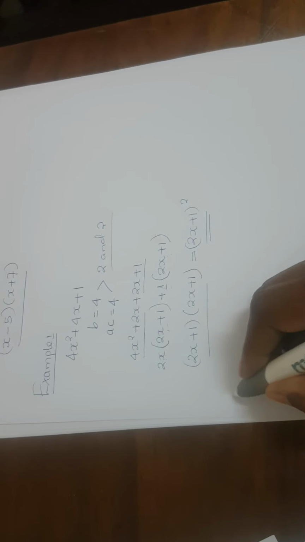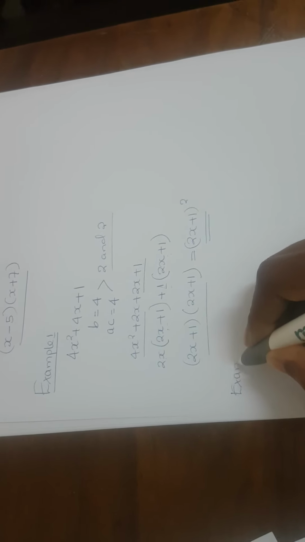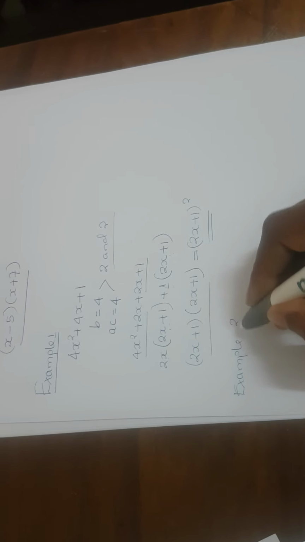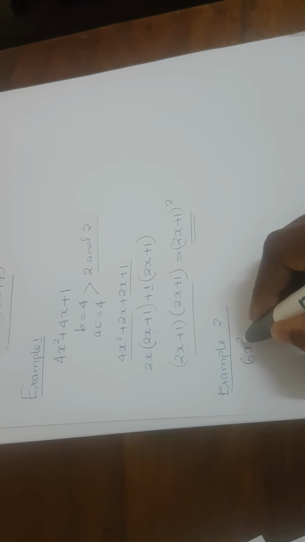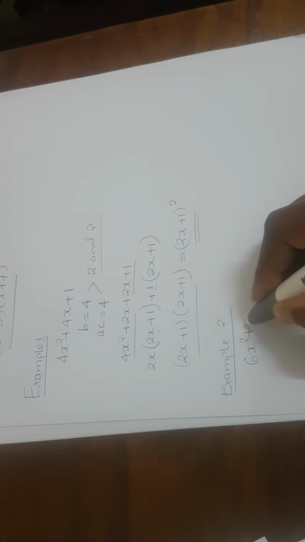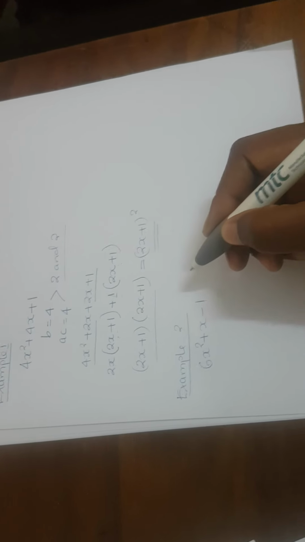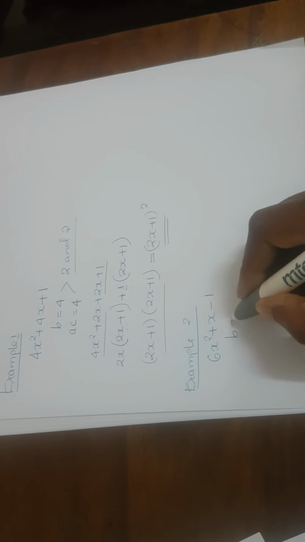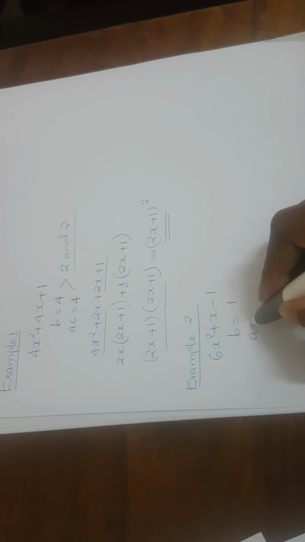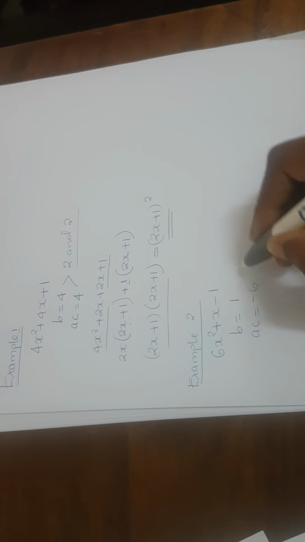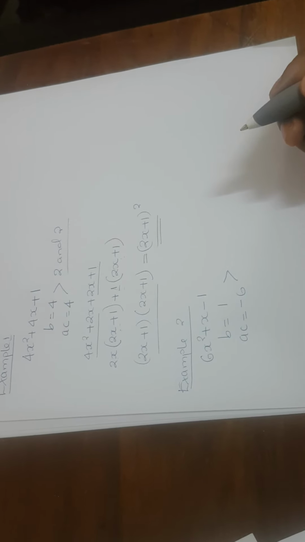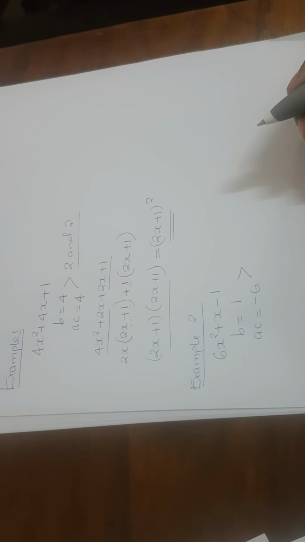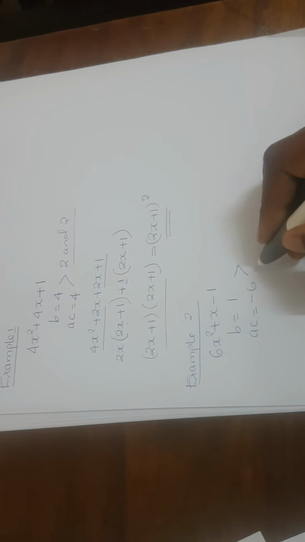Now let's do example 2, when you're given 6x squared plus x minus 1. So b here is equal to 1, and ac is equal to negative 6. We think of two numbers which, when added, equal 1, but when multiplied equal negative 6.